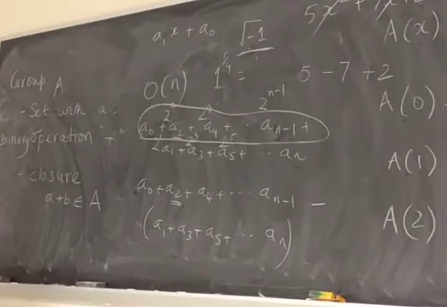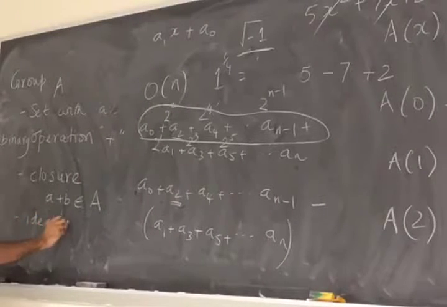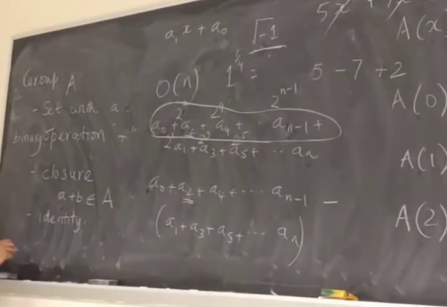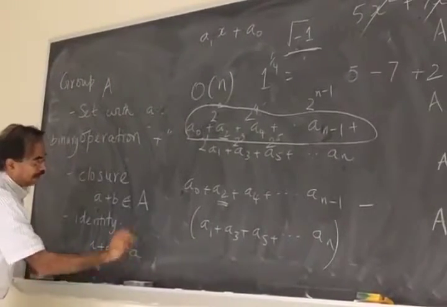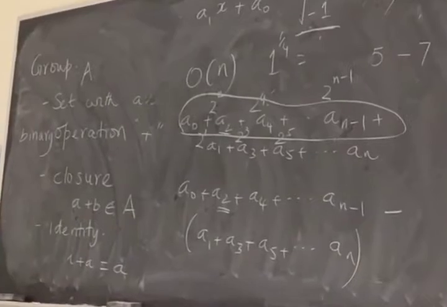Let's call this set A. If you take two elements A and B and apply addition, the result should be in the set. Then you have an identity element, such that I plus A equals A for all elements.